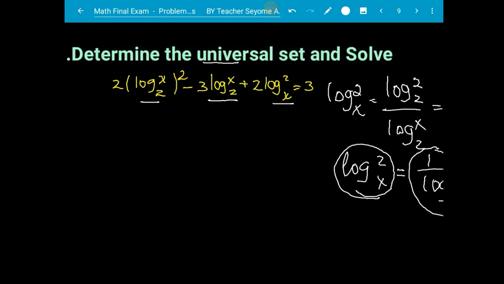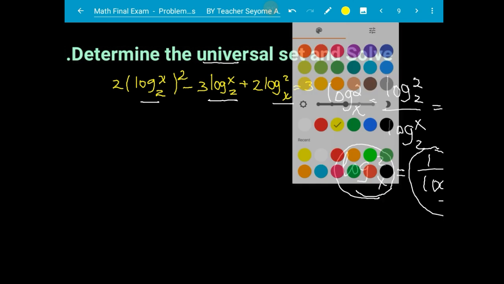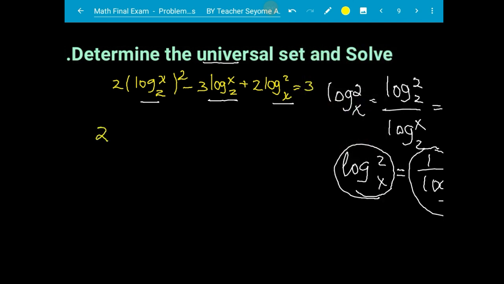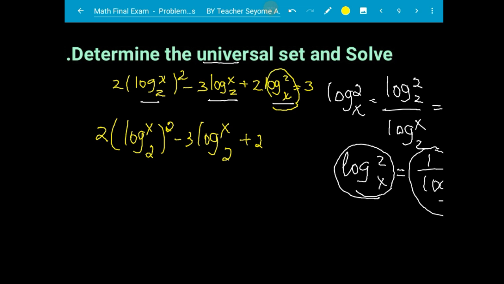So instead of log 2 the base x, you can substitute this one. The equation will become 2 times (log x the base 2) square minus 3 times log x the base 2 plus 2 times 1 over log x the base 2 equal to 3.